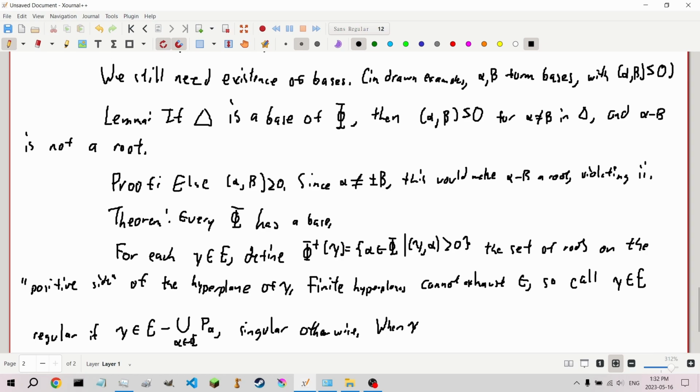When gamma is regular, we have our root system being the positive roots of gamma plus the negative roots of gamma, since none of them lie on the hyperplane defined by gamma.